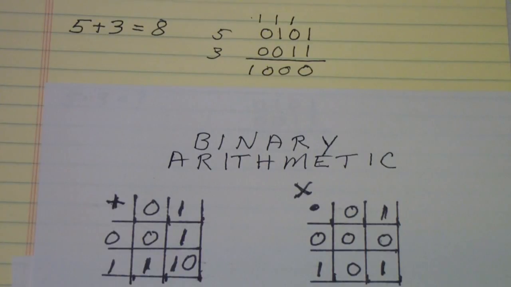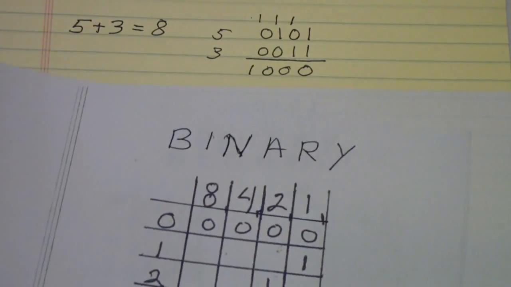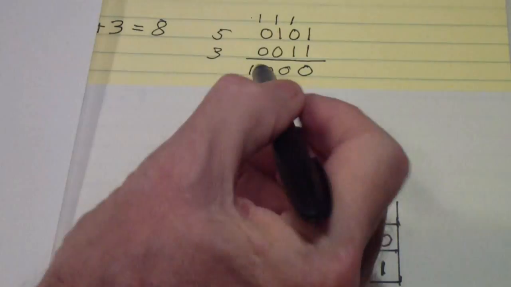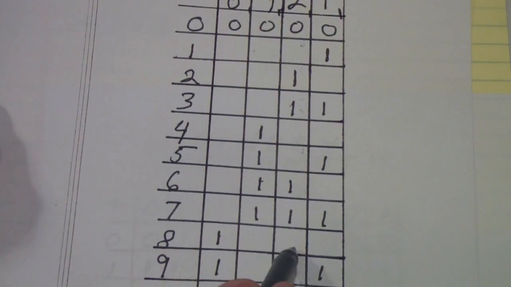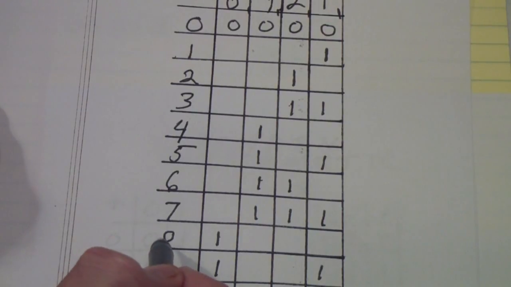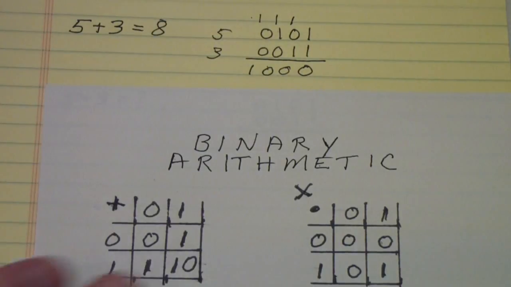If we now look at our binary table, we see that 1, 0, 0, 0 is 8, which is the correct answer.